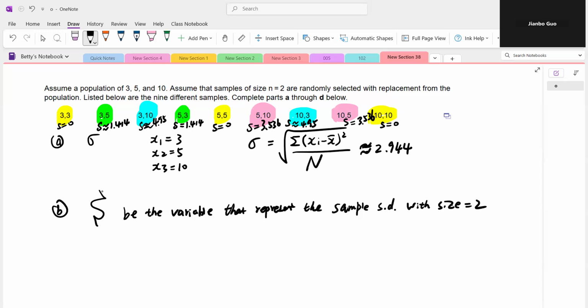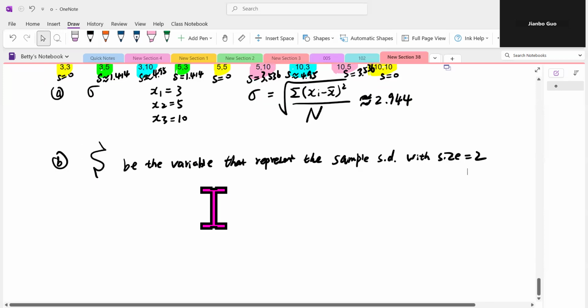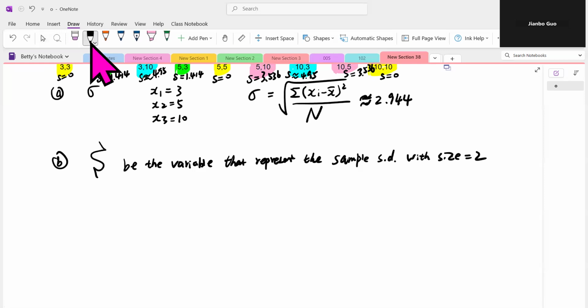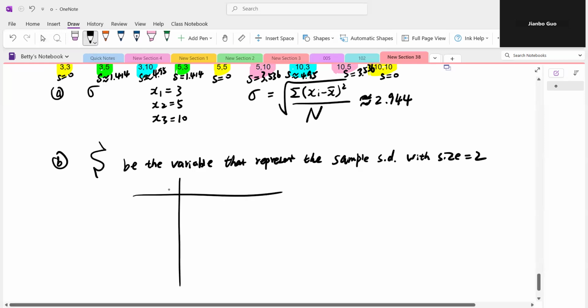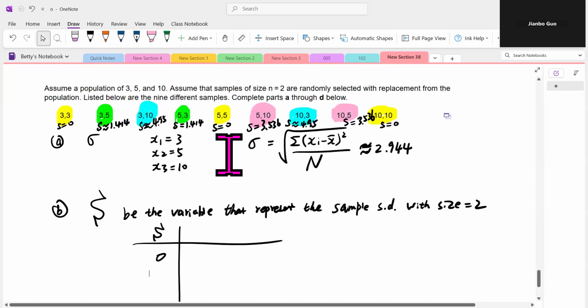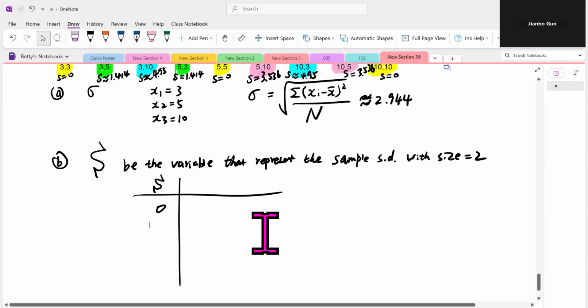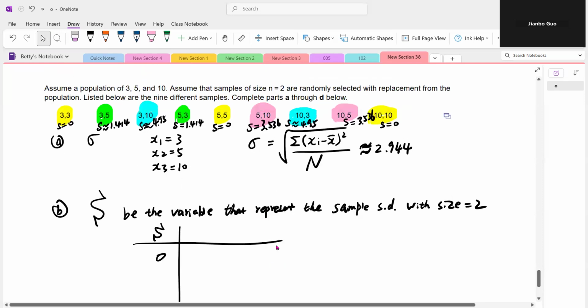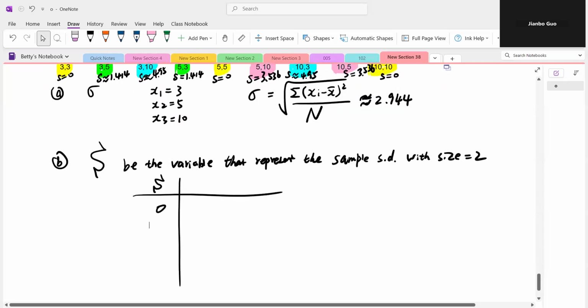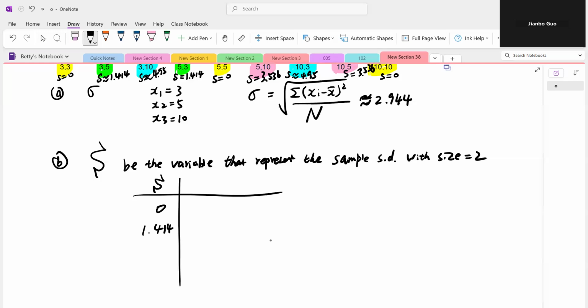Then we have the following possible values for S. S could be 0. Look at the 3 yellow samples. S could be 1.414 for the 2 greens, right?